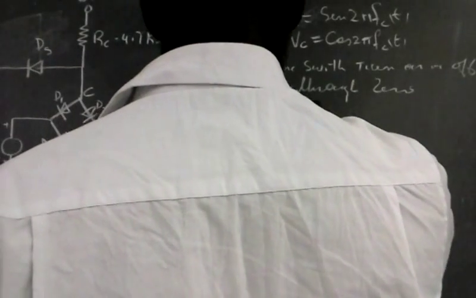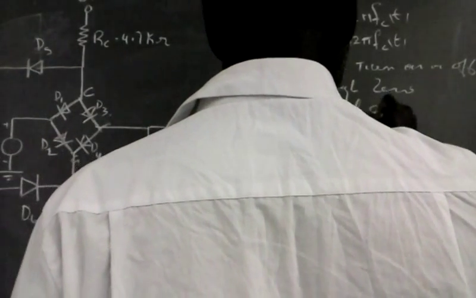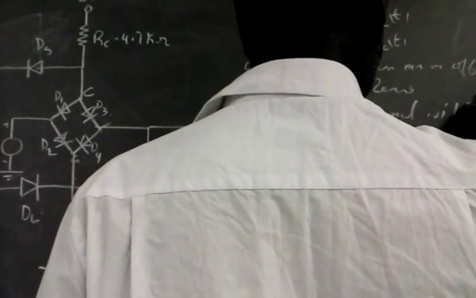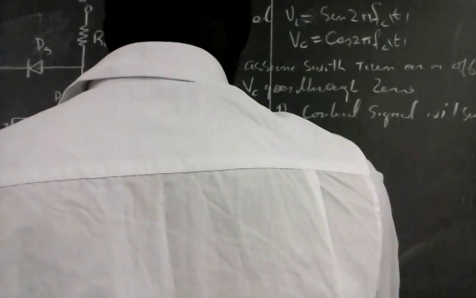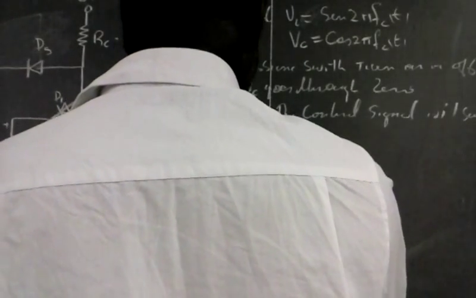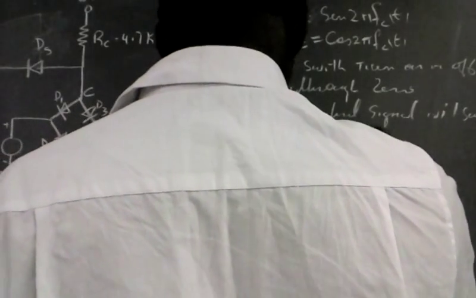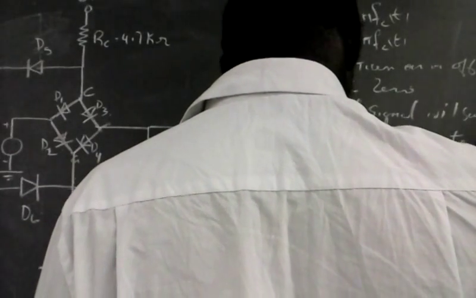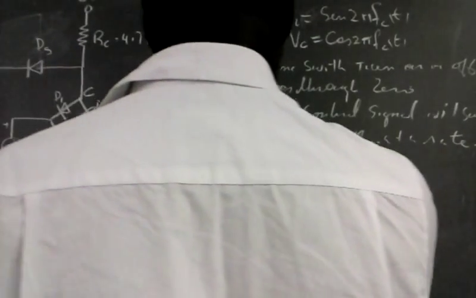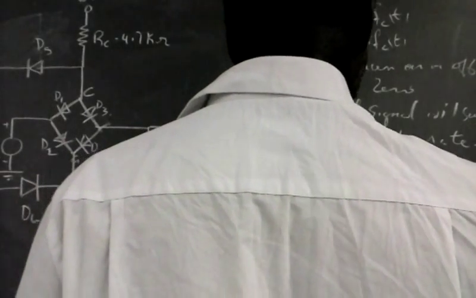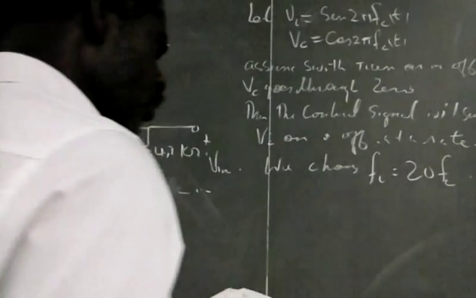then the control signal will switch Vi on or off at a rate Fc. Now we choose Fi equals 20 Fc to demonstrate the multiplying effect.